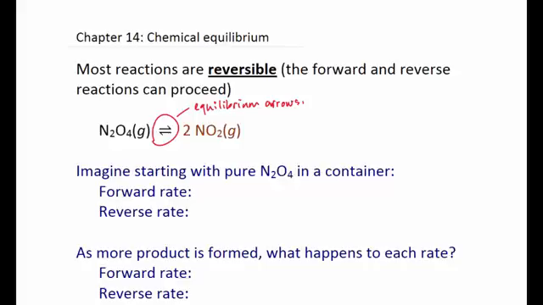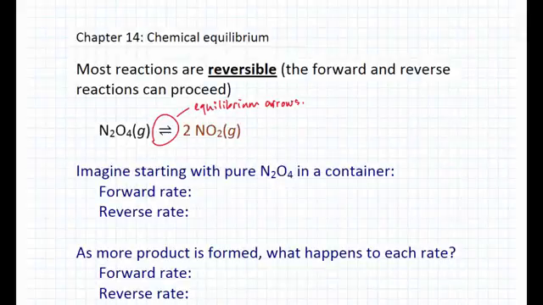So let's do just a little thought experiment with this N2O4. Let's say we start with pure N2O4 in a container. Say we have a way of making it or whatever. Our container is just that, none of this product there.